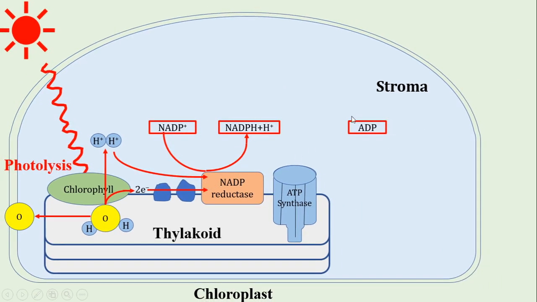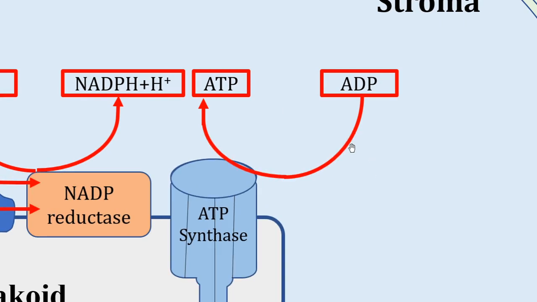And also there are numerous ADP molecules, adenosine diphosphate molecules, present at the stroma. This ADP molecule will attach with a phosphate group. This phosphate group is not seen in the figure, but you should assume that a single phosphate molecule is attached with adenosine diphosphate, and that comes to the ATP synthase enzyme to perform a chemical reaction to produce adenosine triphosphate.